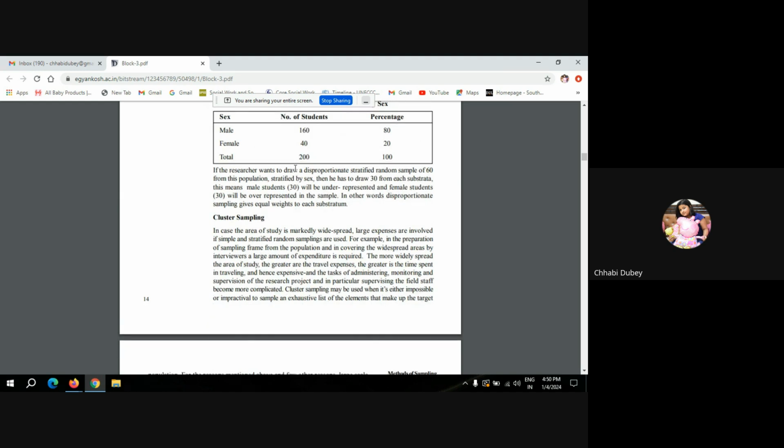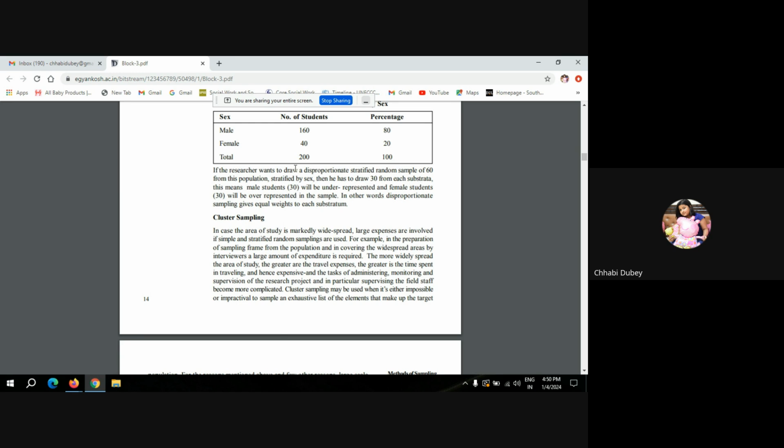After that is the cluster sampling. In the case where the area of study is widespread, large expenses are involved in simple and stratified random sampling. So here, we can have this problem solved by using the cluster sampling method.